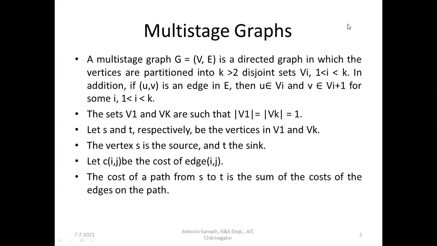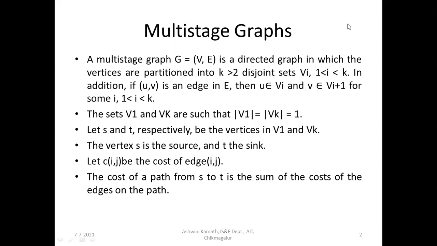The cost of a path from S to T is the sum of the costs of the edges on the path. The application of the multi-stage graph problem is to find the minimum cost path, or shortest path, from the source node to the sink node.